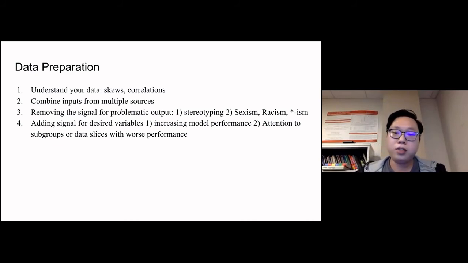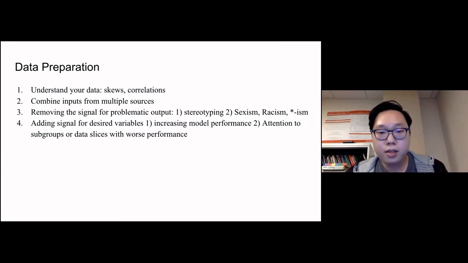We should acknowledge the imbalance in our dataset and make proper adjustments. For some tasks, we should remove data points that include stereotyping, sexism, and racism. And if certain groups in the dataset are underrepresented, we should seek more data for those subgroups from different sources.